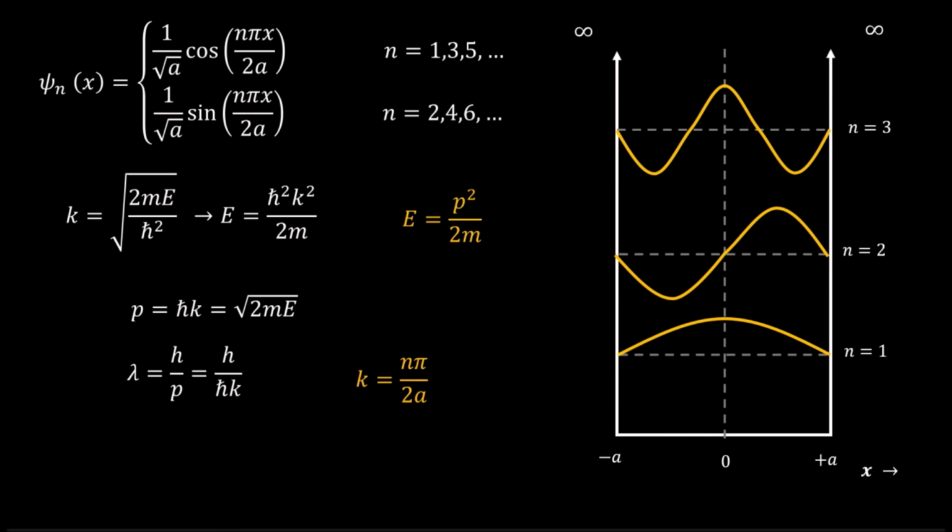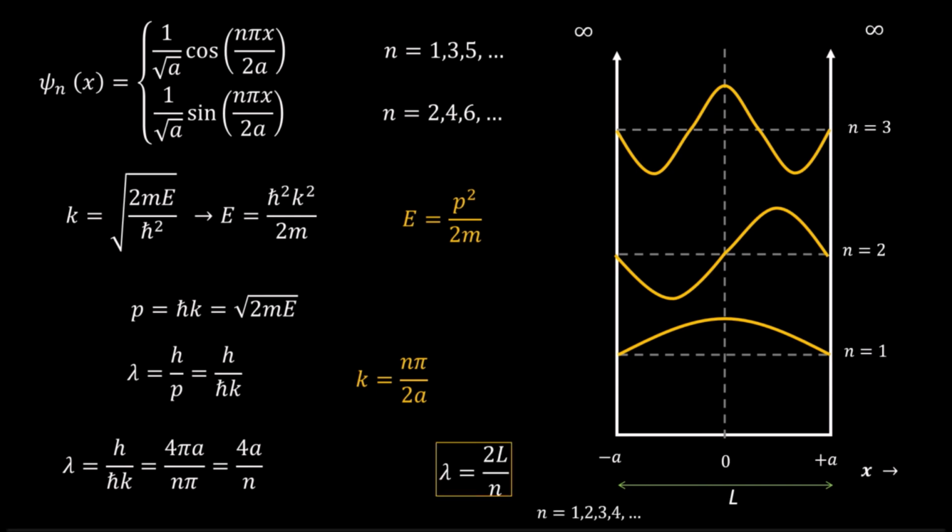So putting this in the equation for λ, we get λ = 4a/n. If we represent the length 2a of this well by the letter capital L, then we can write λ = 2L/n. It shows that only half-integer and integer wavelengths fit in the well.